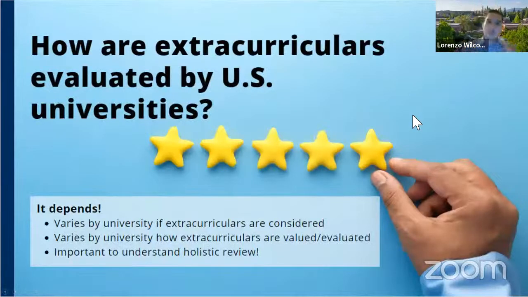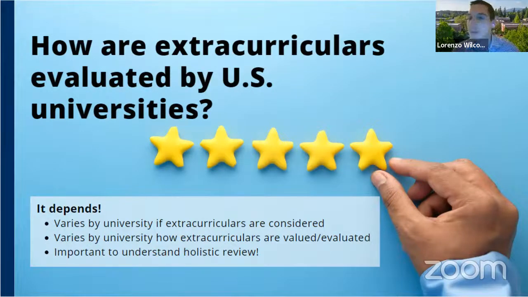So I want to get into the review just to give you an idea of how we are looking at this information. The truth of the matter is it will depend by university, but many universities in the United States conduct what we call holistic review when we receive your application. And this is something that I'll focus on a little more on the next slide.